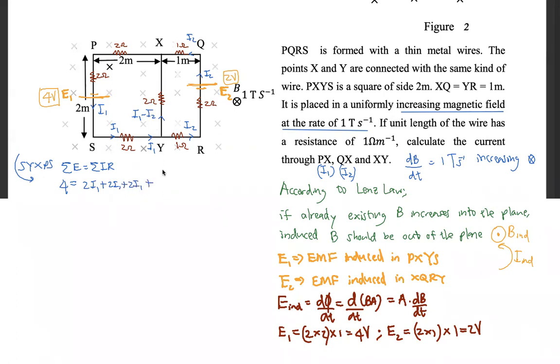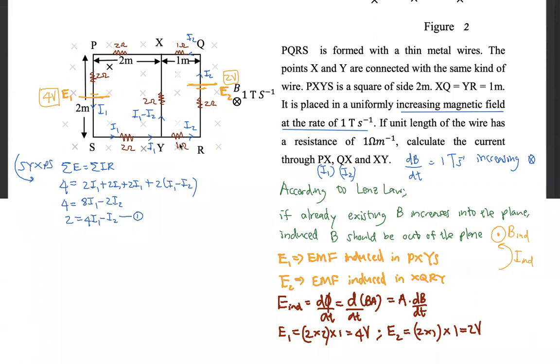I1 minus I2 is also going through 2, so 2 times (I1 minus I2). That is 4 equals 2I1, 2I1, 2I1, another 2I1, 8I1 minus 2I2. Divide everything by 2, and you get 2 equals 4I1 minus I2. First equation.